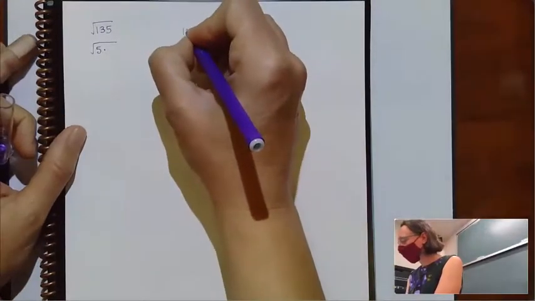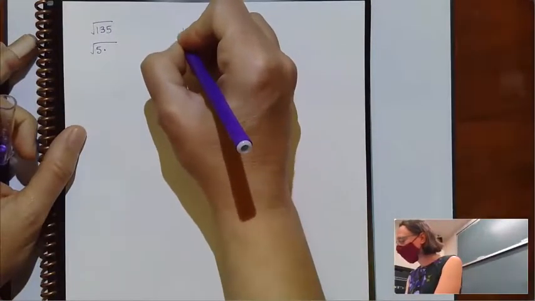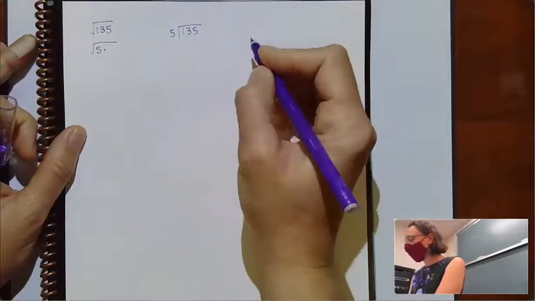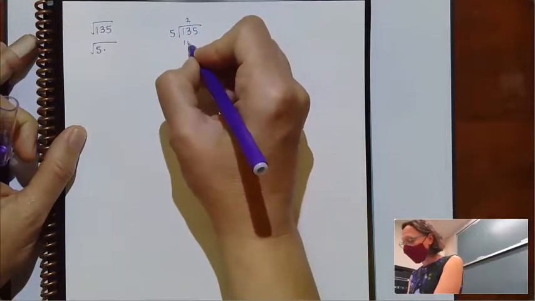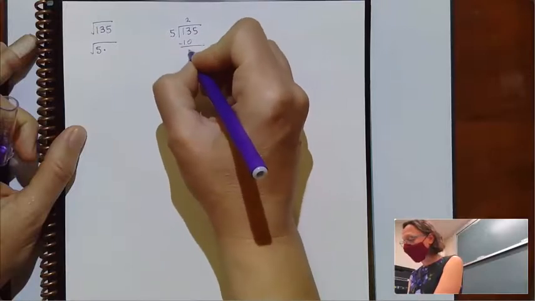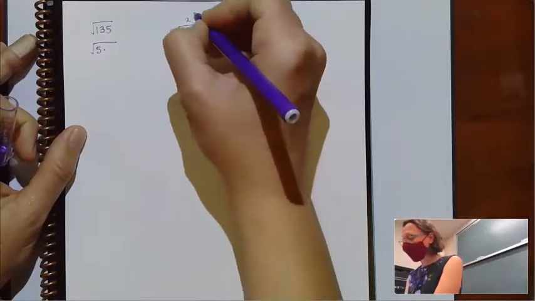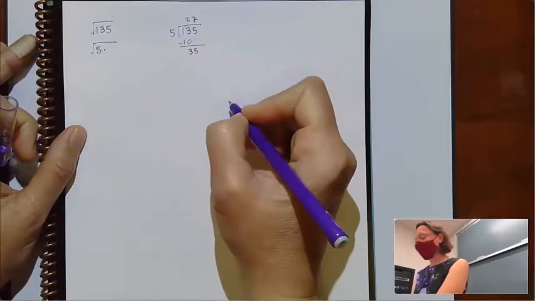We can go old school and do long division. I divide by 5: 5 times 2 is 10, subtract, I end up with 35, and 5 times 7 is 35. So this is 5 times 27.